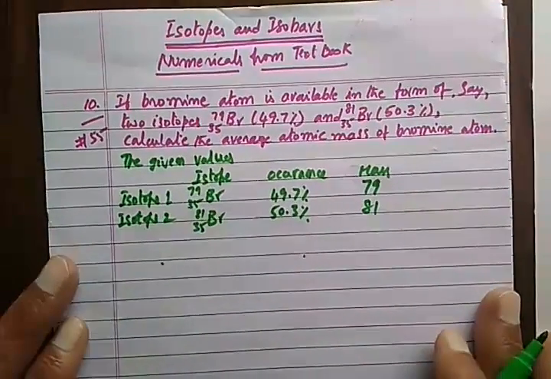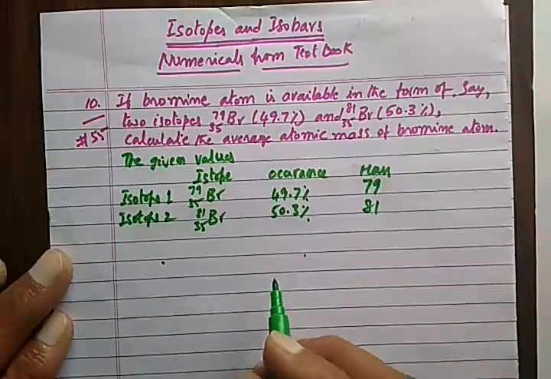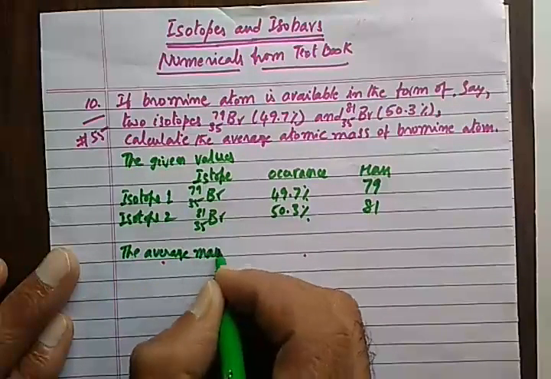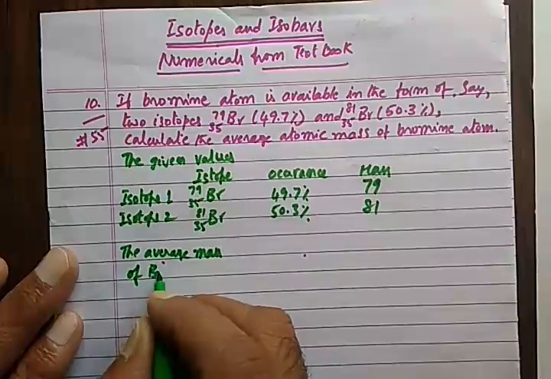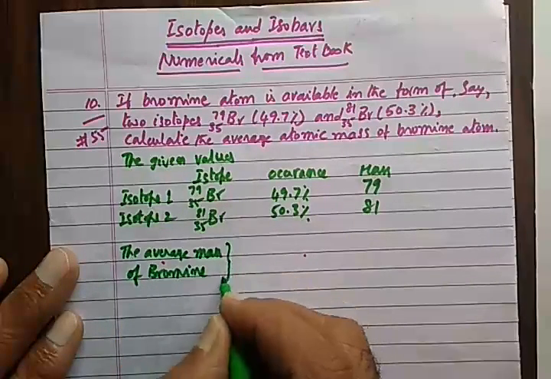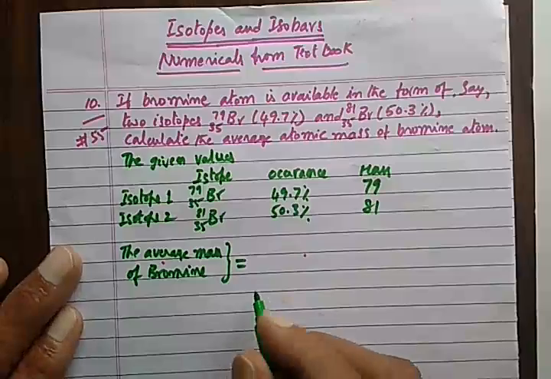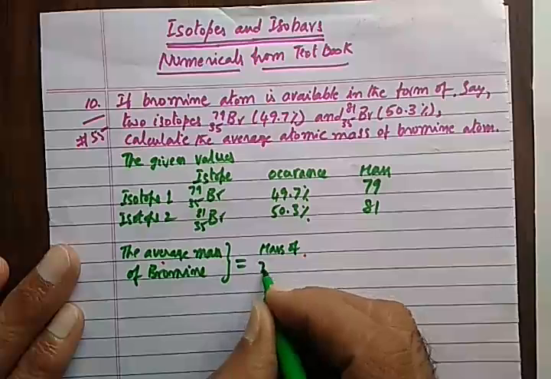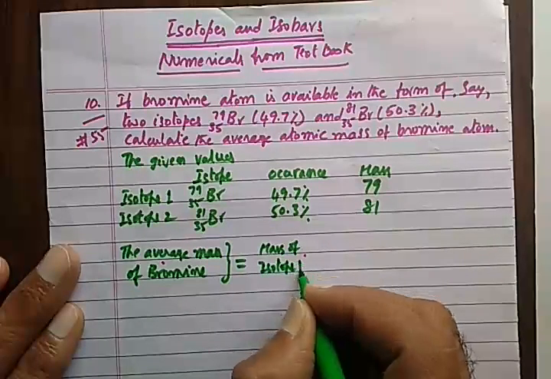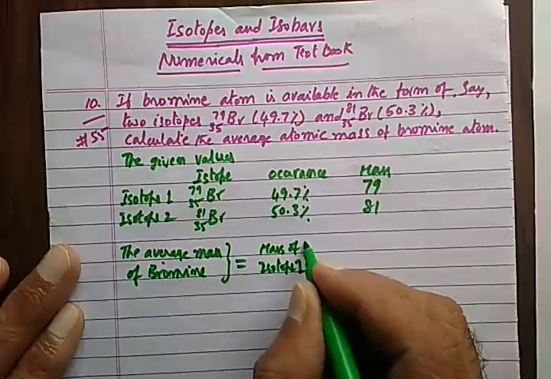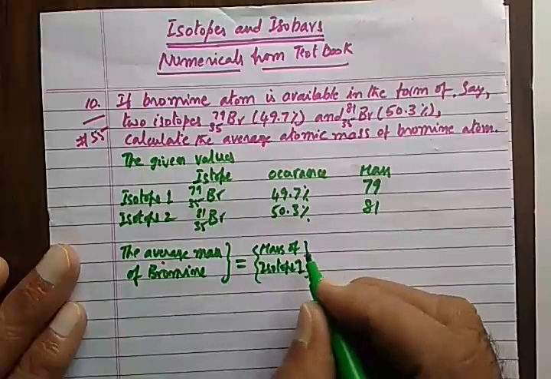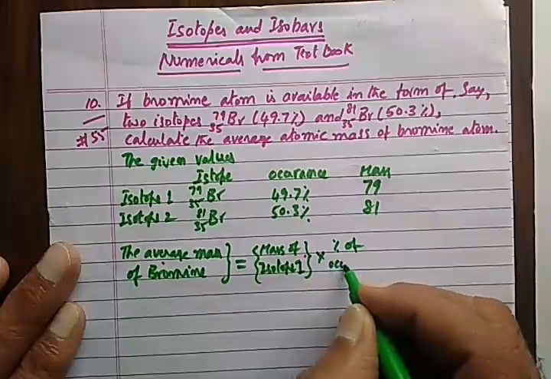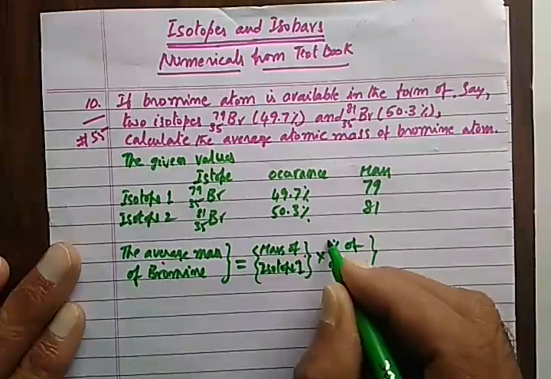All these values are enough to calculate the average mass of bromine. Let me write the equation, that is mass of isotope 1 into percentage of occurrence.